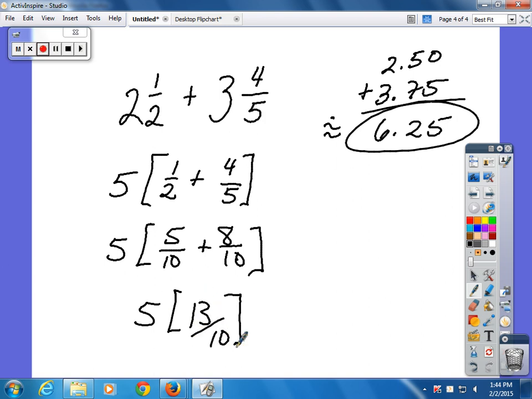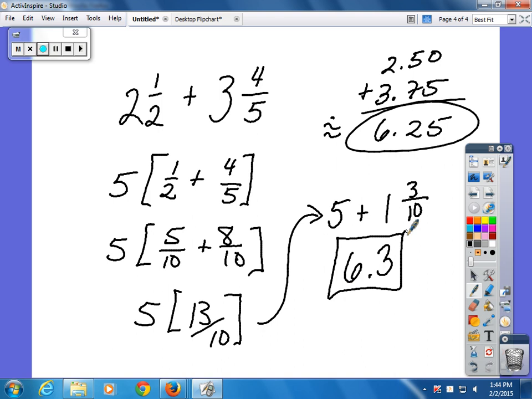And what does that 13 over 10 turn into? 1 and what? 3/10. And what's 5 plus 1 and 3/10? Point what? I had no clue how to do this problem, but by using money, I said the answer was around 6.25. I'm off by a nickel.